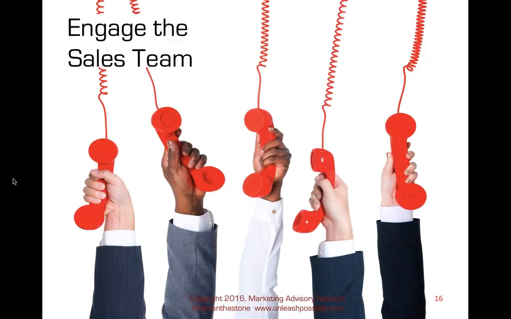Another really important tool that you have at your disposal is your sales team. Your sales team talks to more buyers in a day than most marketers do in a month, probably most marketers do in a quarter. And they are having a conversation. And if they're well trained, they have the ability to tell you what that contact's persona is.